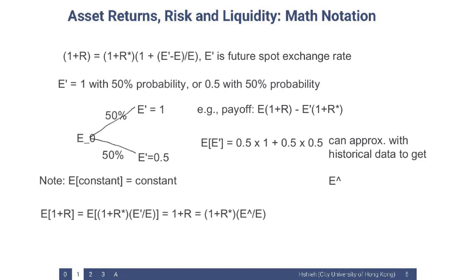Okay. So of course, you don't know these numbers. But as you learn from your statistics course, we can approximate that with historical data, right? Can approximate with historical data to get, I'm going to call it E hat, okay?